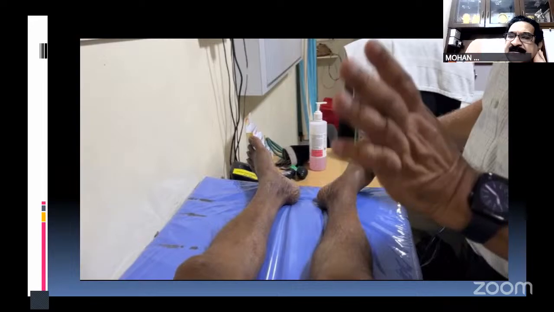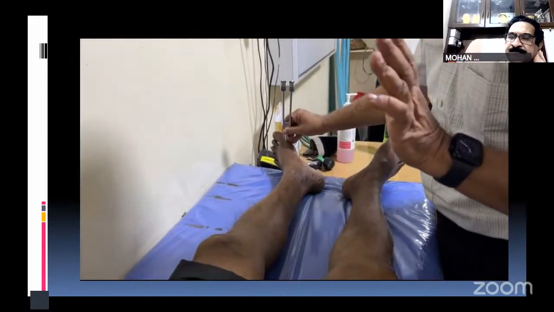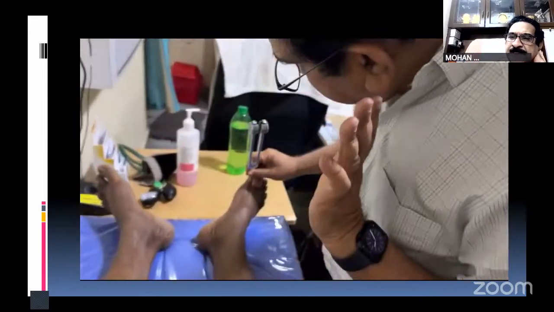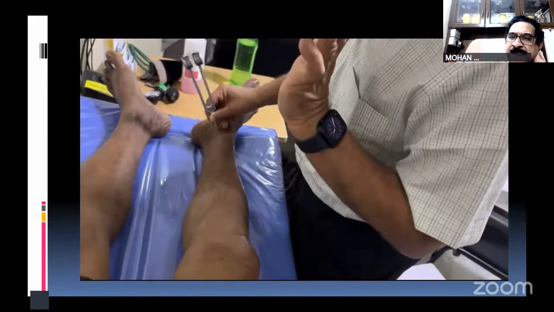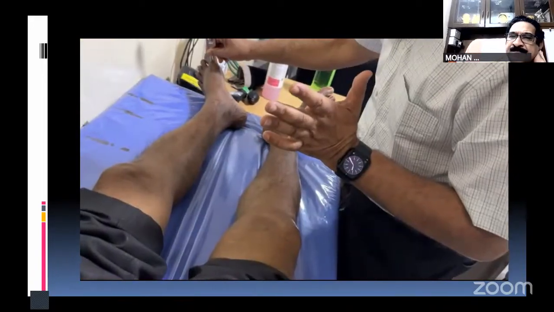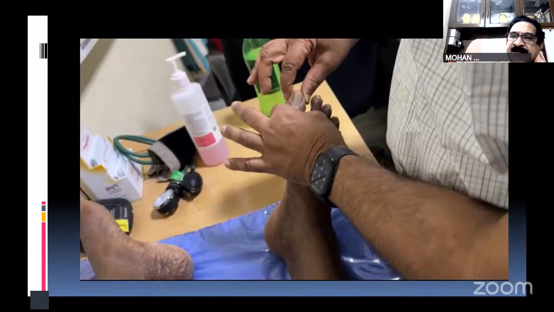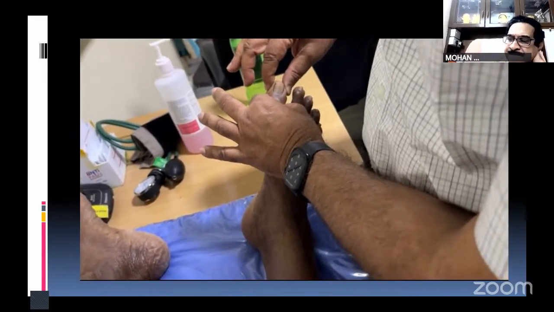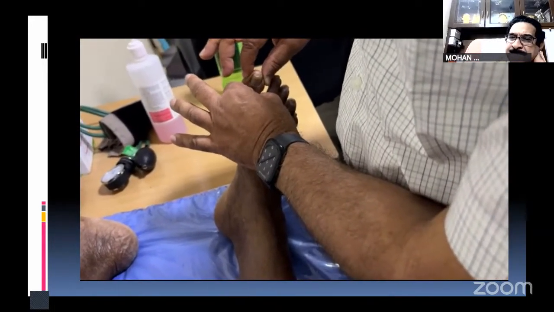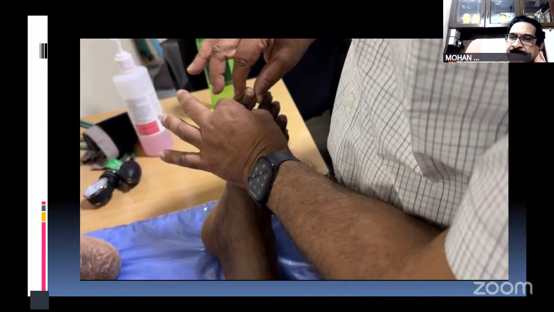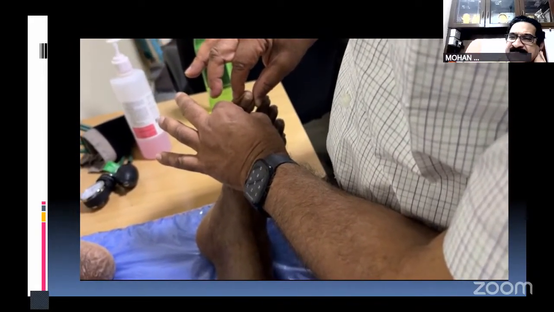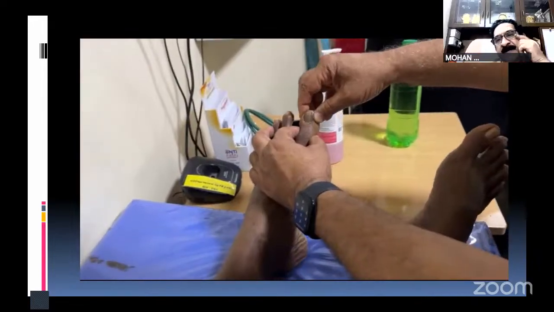There is decrease on the toes. Ankle, he is able to feel. In the lower limb it is impaired. Made a mistake. It's impaired. It also is impaired.